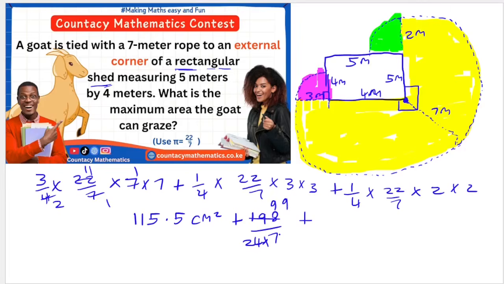So we have 7 times 2, that's 14. So basically, the whole of this part should give you 99 over 14. We can actually just simplify it at this stage. Very important to remember this 1 over 4.